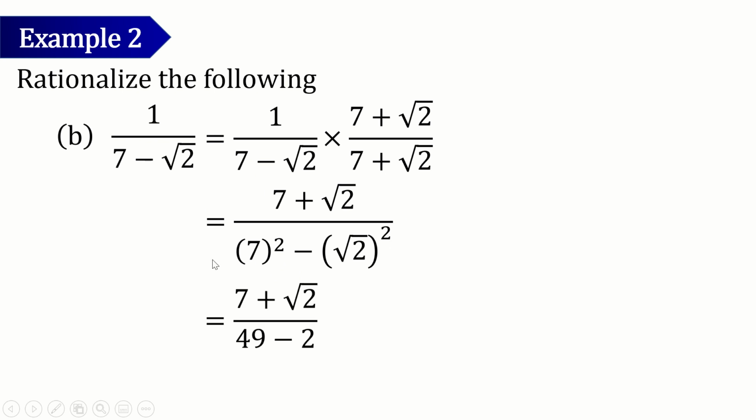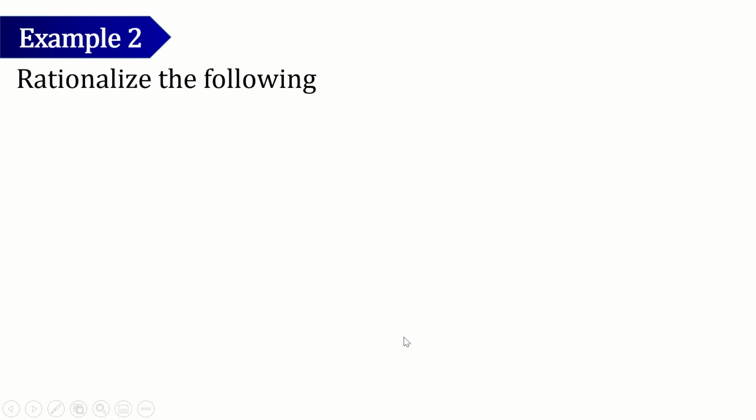Then we can simplify: 7 squared is 49, √2 to the power of 2 is 2, so 49 minus 2 is 47. So when we rationalize this expression, it becomes 7 plus √2 over 47.